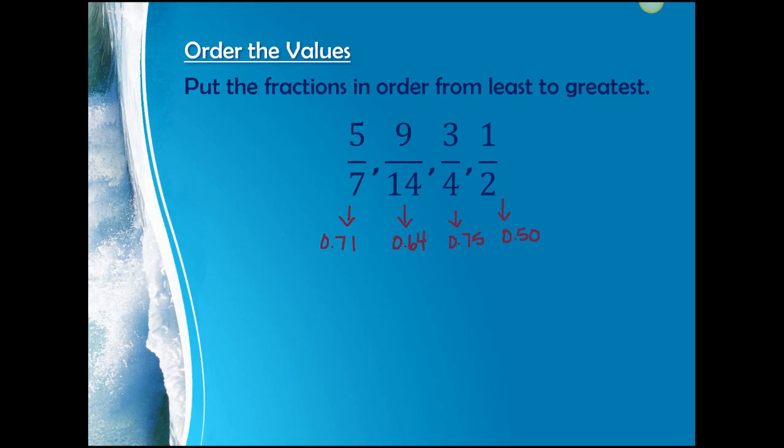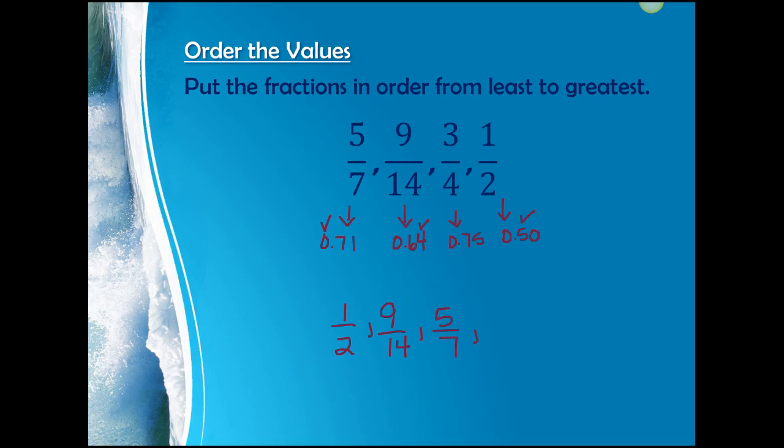The smallest number is 0.50, so 1/2 is the smallest fraction. Next comes 64 hundredths, which means 9/14 is the second smallest fraction. Next we find that 71 hundredths is smaller than 75 hundredths, so 5/7 comes next.